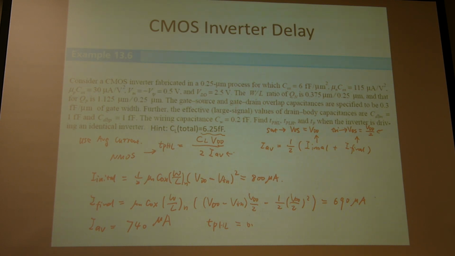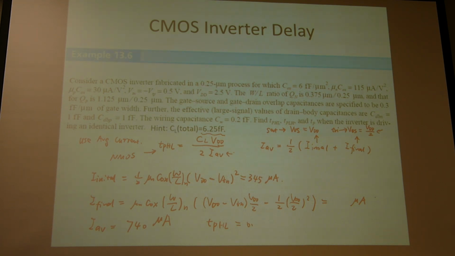I think I messed up here. So it's not this one. The number is wrong. So here the equations are correct, but the numbers are wrong after you plug in the numbers. So this one will give you 345.